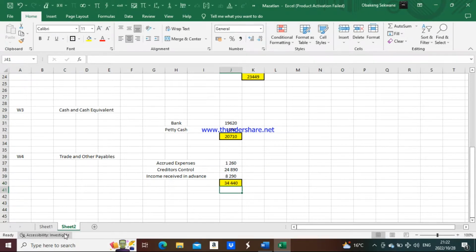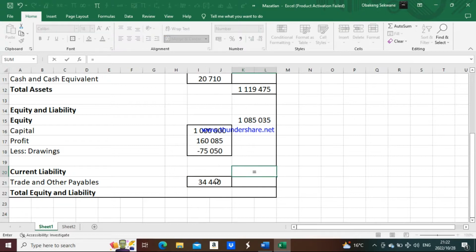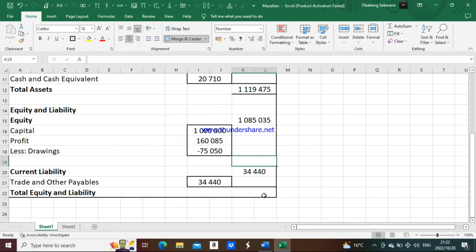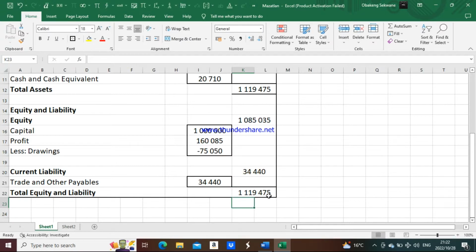Then our total is 34,440, and our current liability is equal to 34,440. And here I'm just going to say our equity plus current liability gives us our total equity and liability.